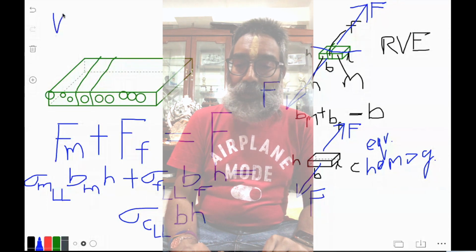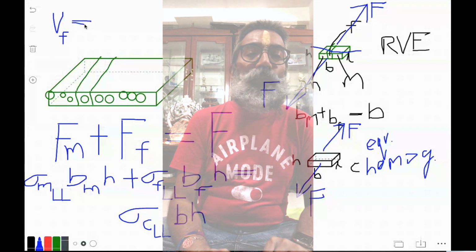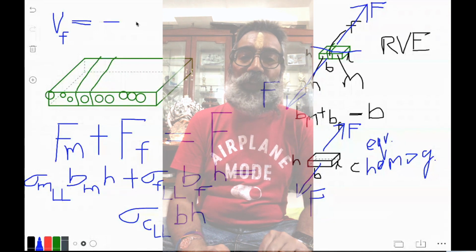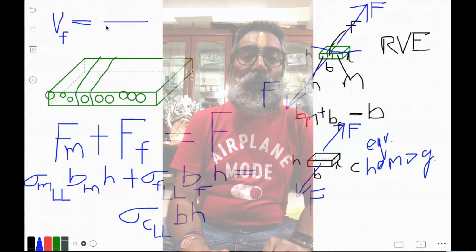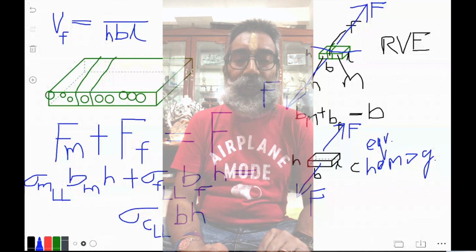So now we define the volume fraction of the fiber as the total volume occupied by the fiber divided by the total volume of the entire structure. The total volume of the entire structure is very easy to see to be HBL, because it's a simple cuboid structure that we have over here.